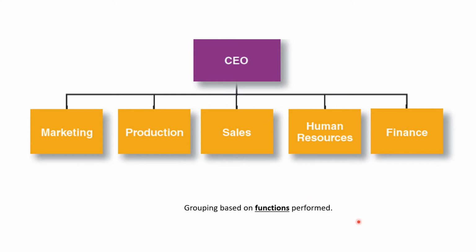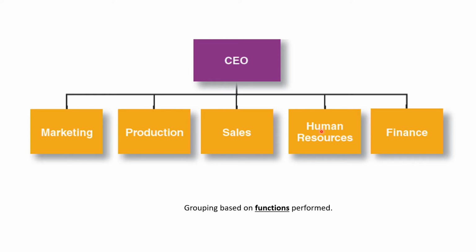So this organization groups their employees according to the functions or activities that the employees perform. For example, people in the marketing department will focus on marketing activities only, like promotions.